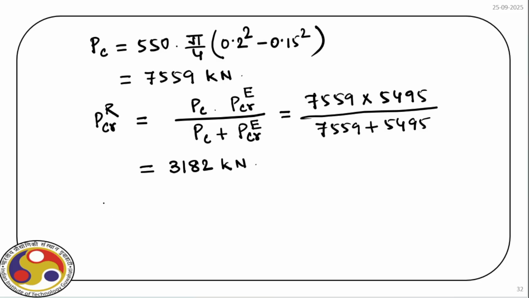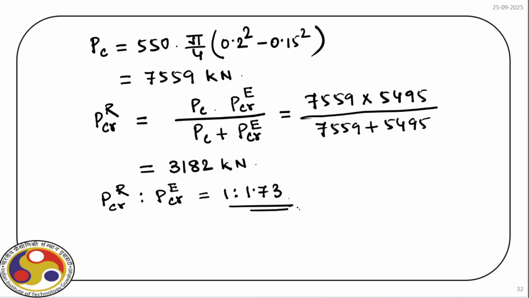Now, if we find out the ratio of P critical Rankine and P critical Euler, we have 1:1.73.